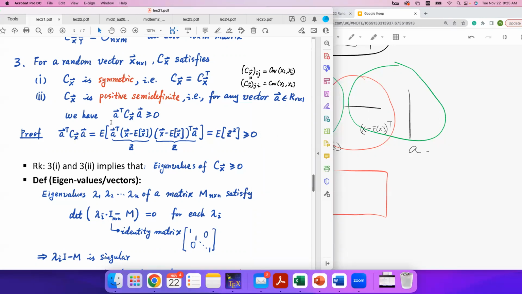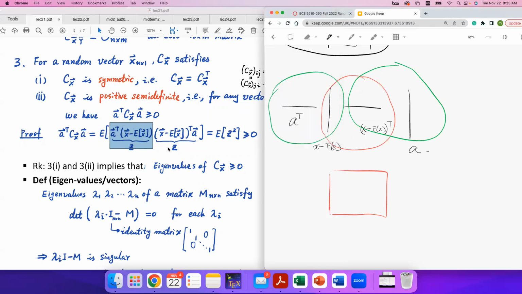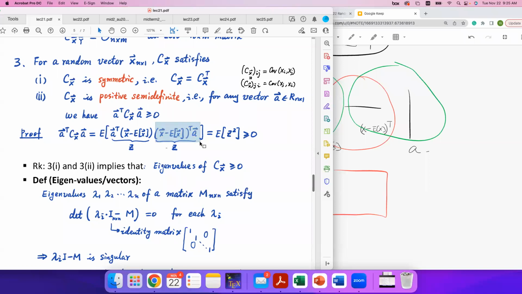Basically, if I denote the first product as Z, well, this Z is a number, right? Because it's a row vector times a column vector. Then the second product can be understood as Z transpose.